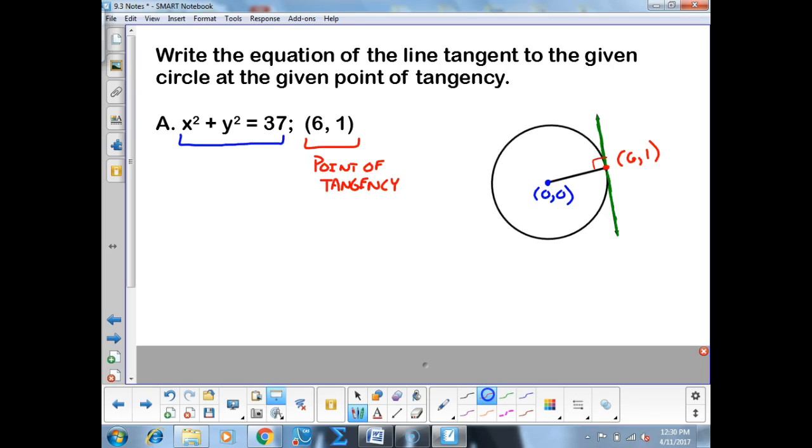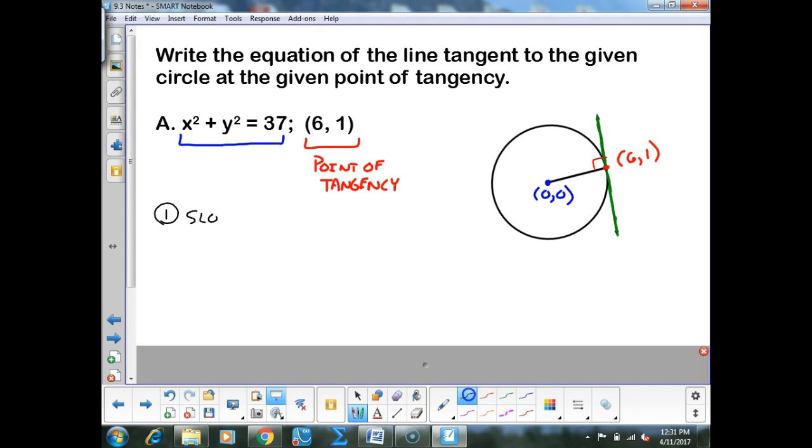90 degrees. Which means what? Opposite reciprocals of what? Slope. So first you've got to find the slope of your radius line.